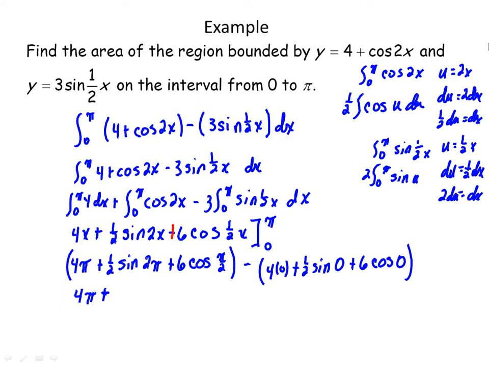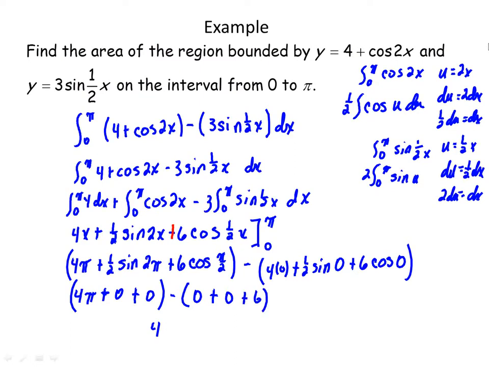And if you have a calculator and it's in radians, it'll tell you the same thing. Just type in sine of 2 pi, and it's going to give you 0. Cosine of pi over 2 is going to give you 0. Minus, and of course you have 0. Sine of 0 is going to be 0 again. Cosine of 0 is 1 times 6, which is 6.